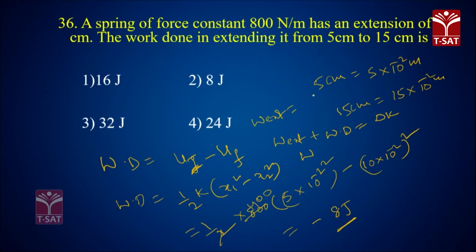That is equals to the minus WDS. Here minus WDS value already you know that minus 8. Minus into minus plus 8. Therefore, here second option 8 joule is the correct answer. Therefore, work done formula 1 by 2 K into x1 square minus x2 square you apply.